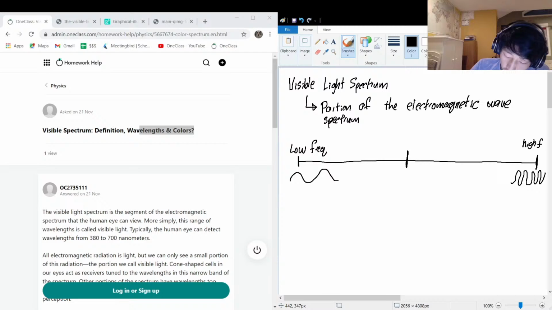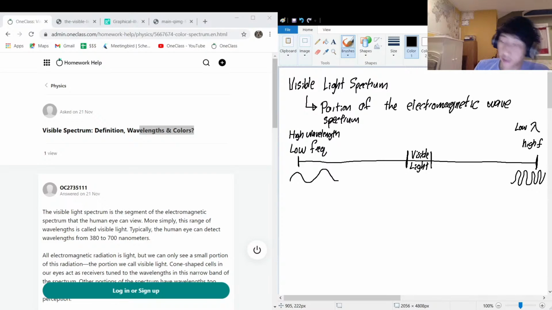The visible light spectrum is only a subset of it. Lower frequency or higher wavelength, those are the same thing, and this side is low wavelength.